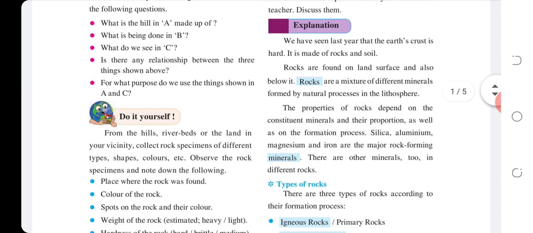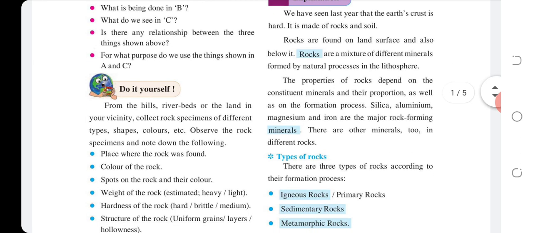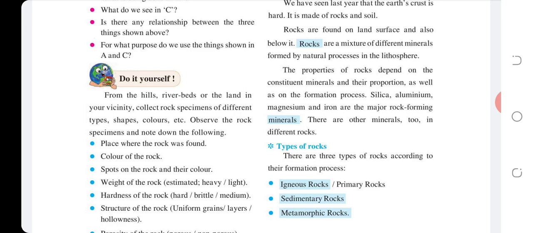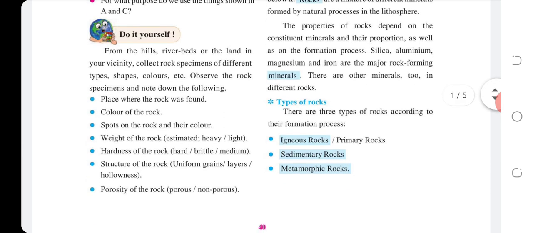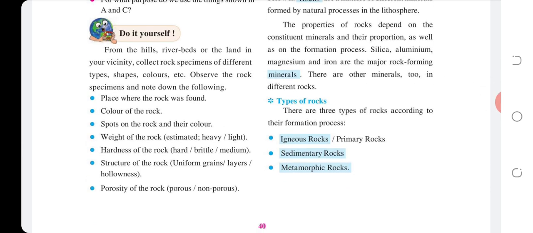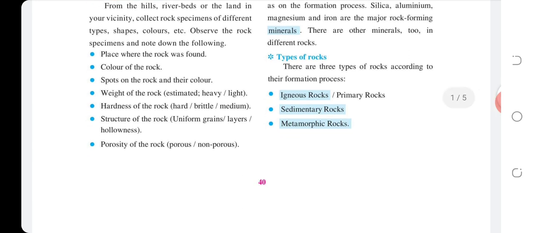Do it yourself. From the hill, riverbed, or land in the vicinity, collect rock specimens of different types, shapes, colors, etc. Observe the rock specimen and note down the following: place where the rock was found, color of the rock, spots on the rock and their color, weight of the rock, estimated heavy or light, hardness of the rock, hard, brittle, or medium, structure of the rock, uniform grain, layers, hollowness, porosity of the rock, porous or non-porous.